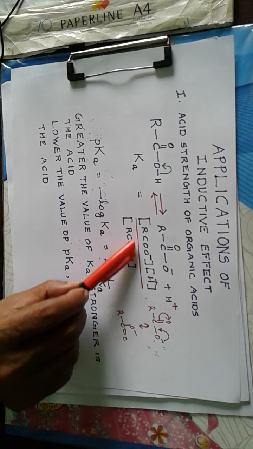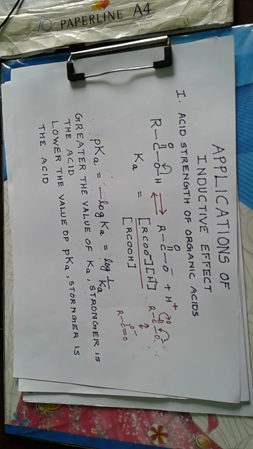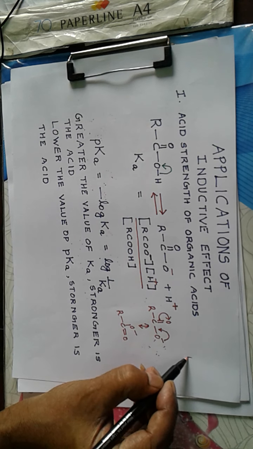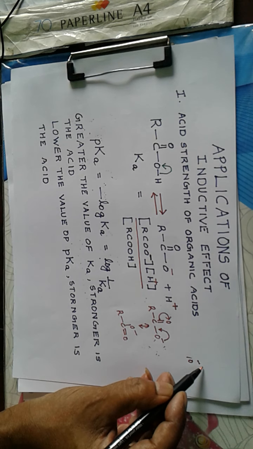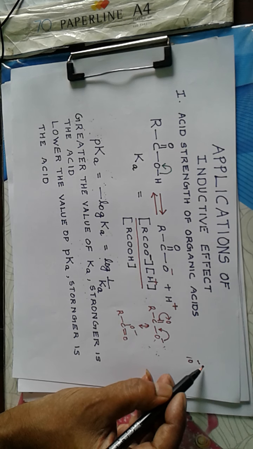As the numerator increases, the concentration of H positive also increases, so that as Ka increases, we can say the strength of the acid increases. Now usually the value of Ka will be 10 raised to a negative power.